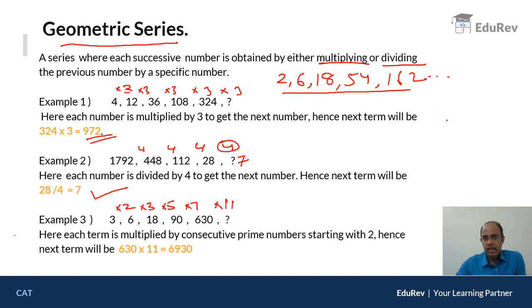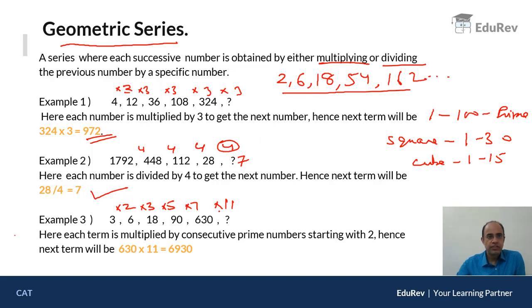Guys, in my last lecture, I asked you to remember prime numbers from 1 to 100. This is important. Squares, you need to mug up from 1 to 30, and cubes from 1 to 15. These should be properly memorized so that the series starts striking you.